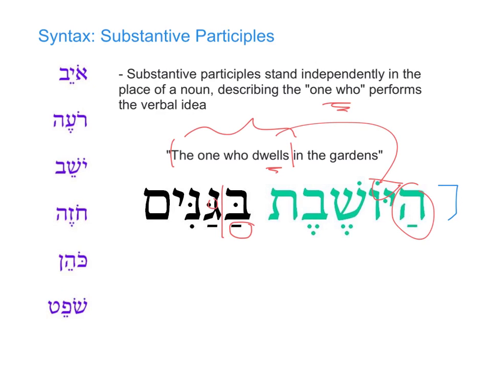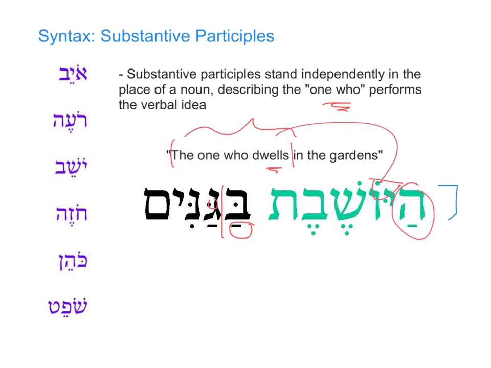So substantive participles stand on their own. There's nothing for them to agree or disagree with, and they're expressing some sort of verbal idea for that individual, that entity. Therefore, we might translate these quite often as the one who, or have another translation equivalent like enemies, shepherd, seers, priests, whatever the case may be.